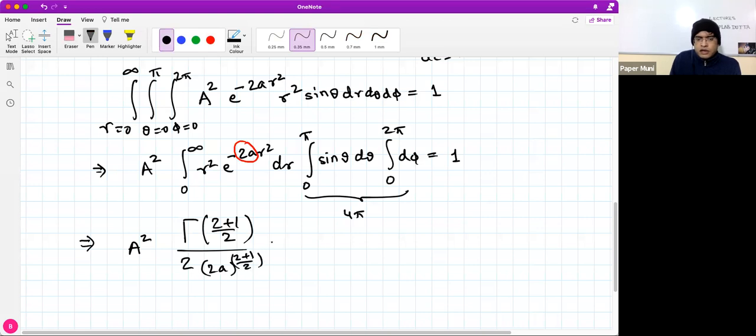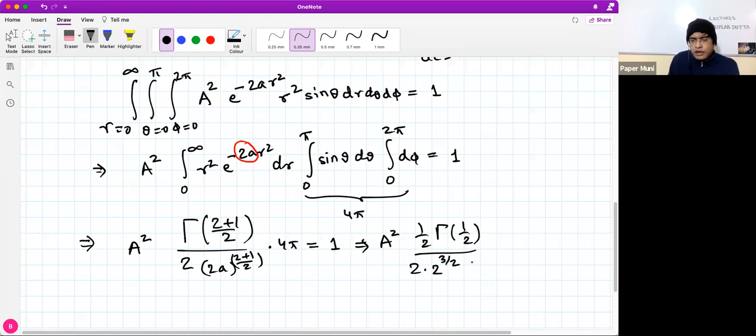Multiplied by 4 pi, this gives you 1. Further, this will give you 3 by 2, half gamma half, divided by 2, and a will have power 3 by 2.